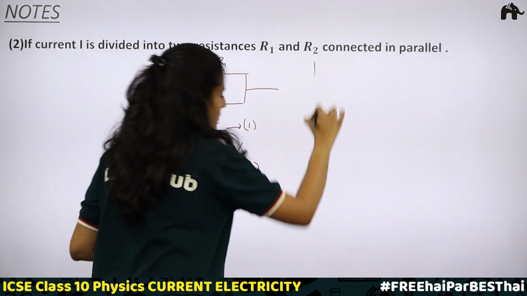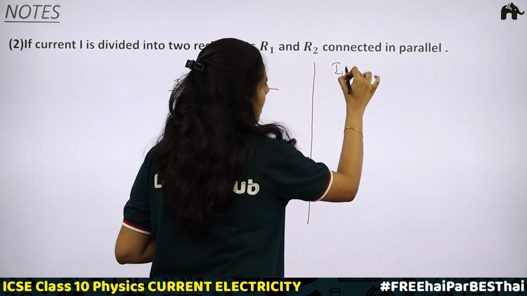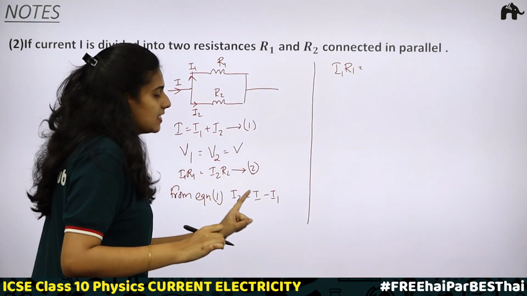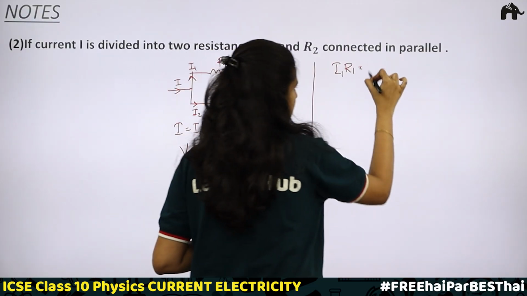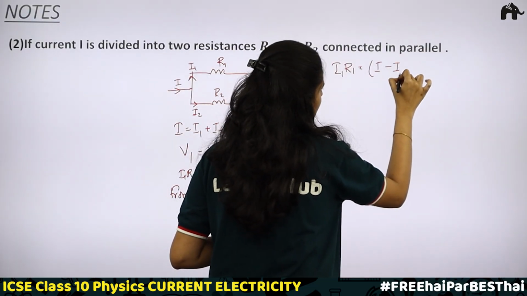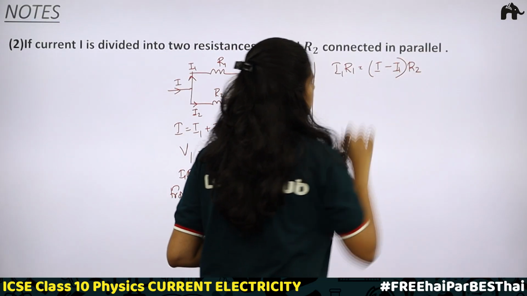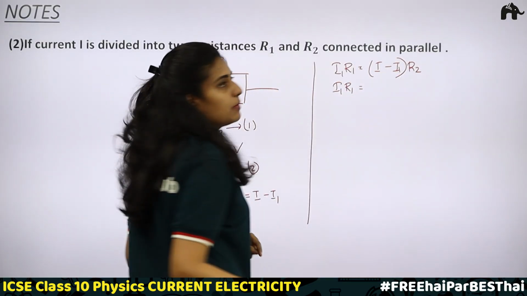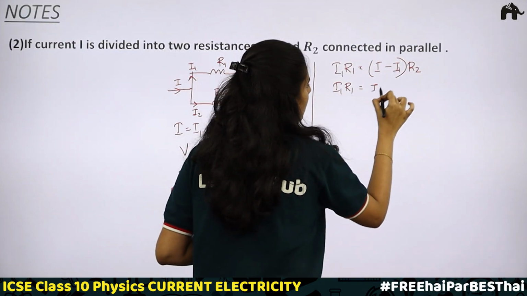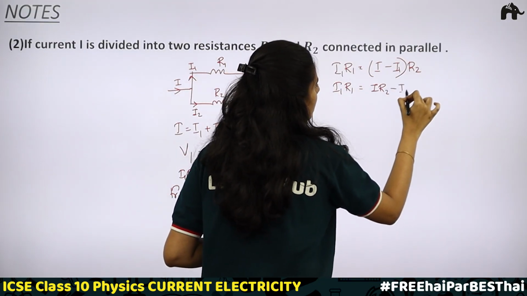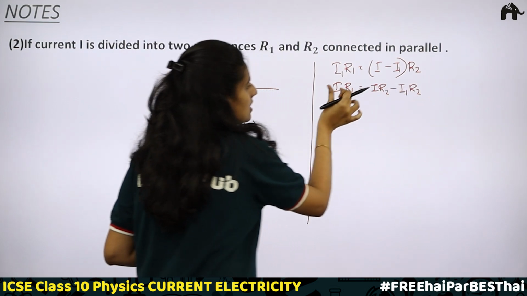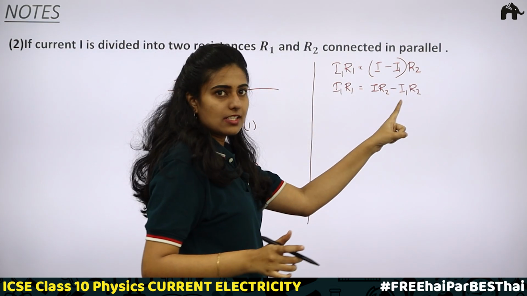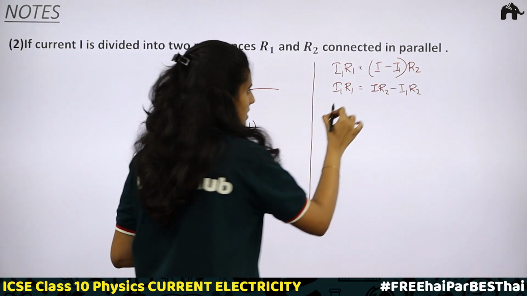So here we have I1 R1 is equal to I2 R2. In place of I2, you can substitute I minus I1, times R2. So I1 R1 is equal to, removing the brackets and multiplying, I R2 minus I1 R2. Taking the I1 containing term to the opposite side, the negative sign becomes positive.